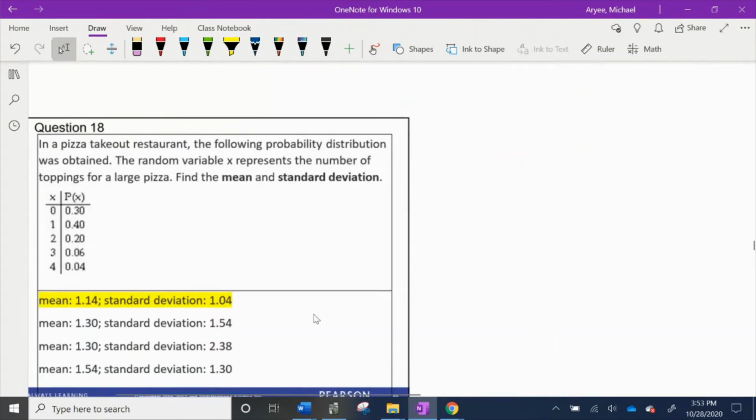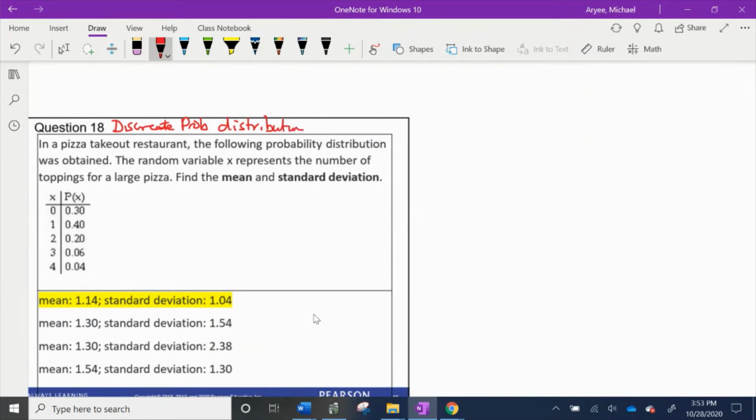Okay, so question 18. This is still part of question 18. That is called a discrete probability distribution.